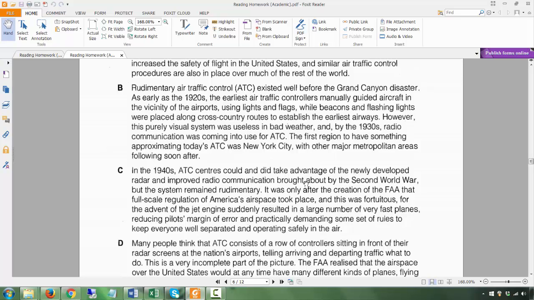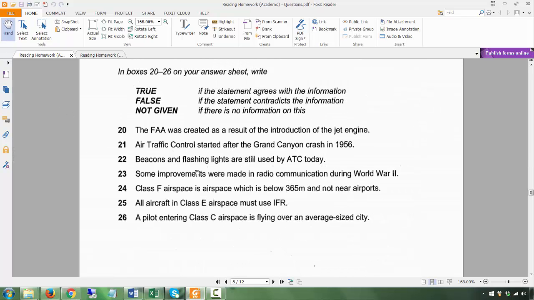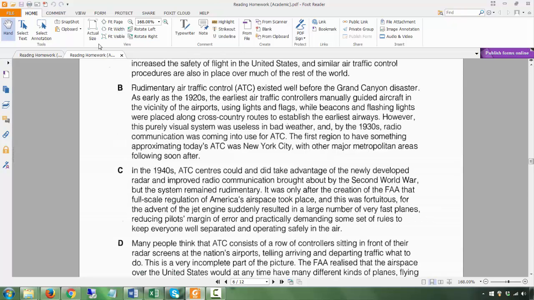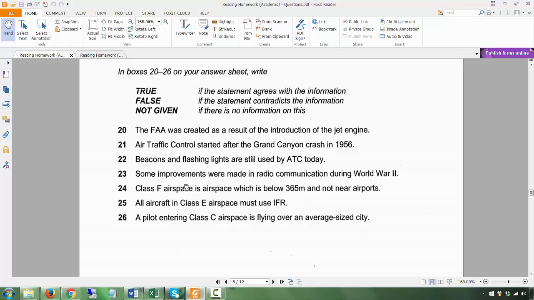So "brought about" means that this improved radar and improved radio communication was a result of World War II. If that's the case, then for the question, some improvements were made in radio communication during World War II, the answer would be yes. World War II caused some improvements in radio communication, right?